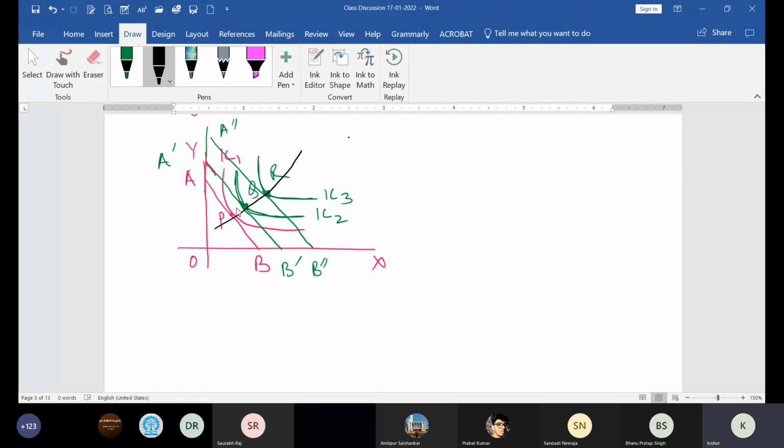This is called your ICC. This line or curve is called ICC. ICC means income consumption curve.